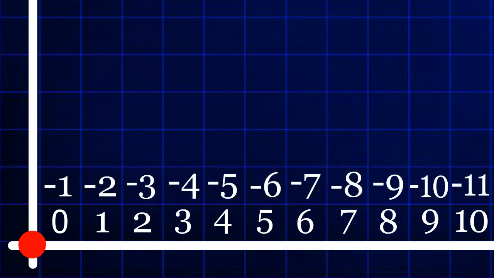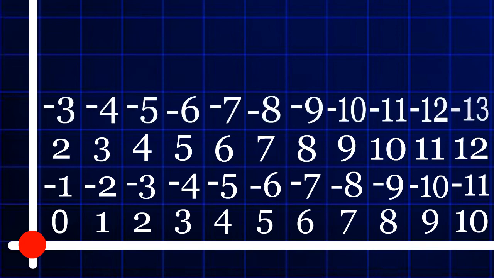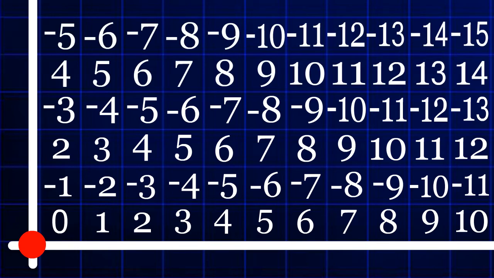For the third row, we start from number 2, and take the positive sign. For the fourth row, we start from number 3, and take the negative sign. We can continue in this way, and fill all the dominoes in the first quadrant.